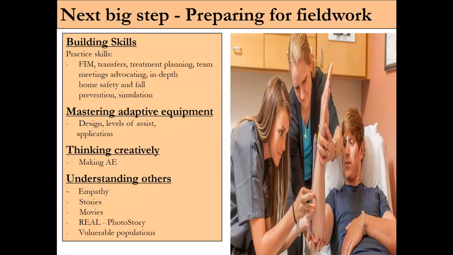What is this class about? Really, this class, as much as anything, is really about getting you ready for the next step. What's the next step? It's your level 2 fieldwork this coming summer. You're really going to be real OTs or start to feel like a real OT by the end of the summer. So you start seeing patients on your own with your CI supervision. So in this class, we're getting you ready for that.